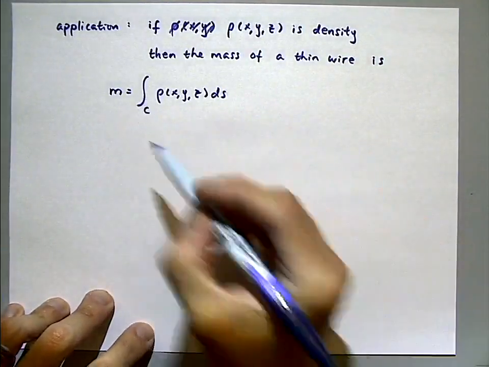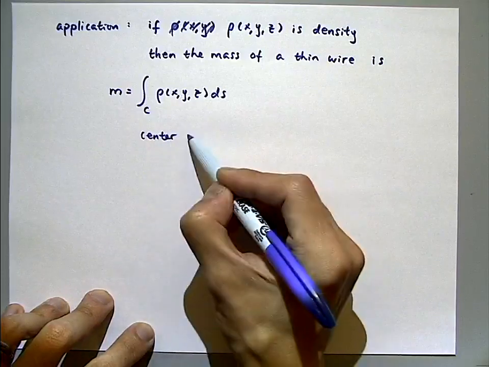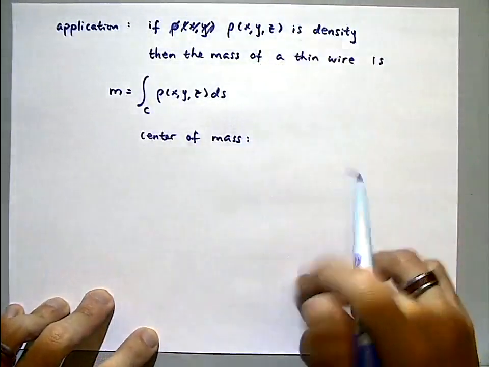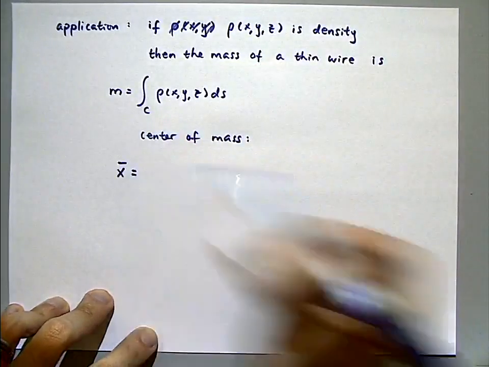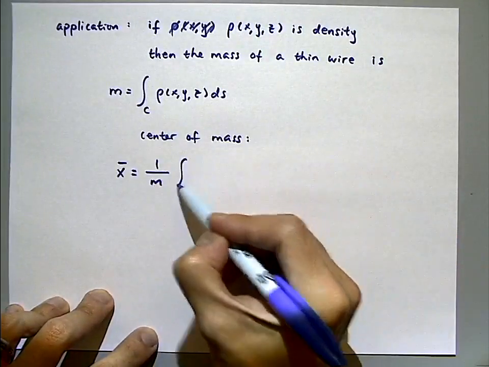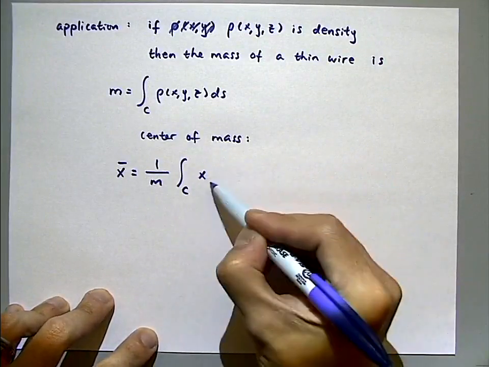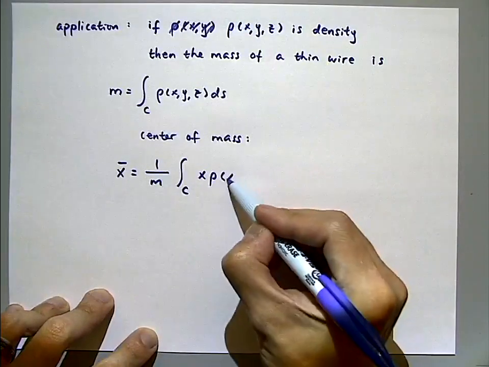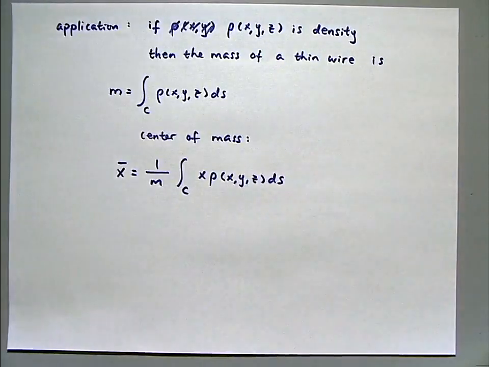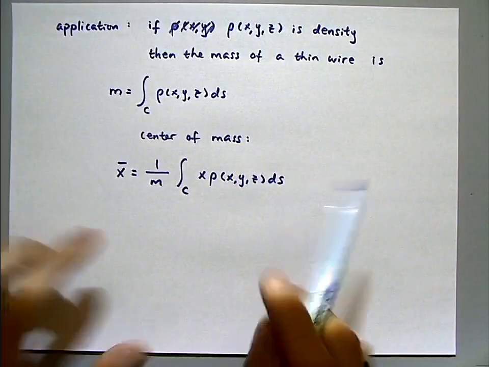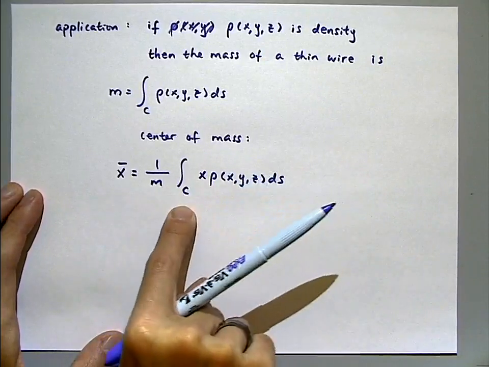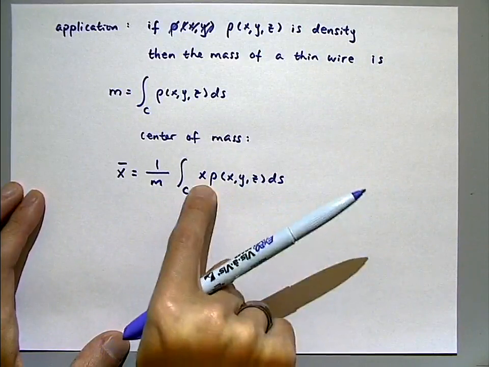You could also find the center of mass. We're dealing with 3 dimensions now, so center of mass can be found by using this formula. And this should look very familiar to you because we did something with the lamina a while back. These things are derived in exactly the same way, right? X bar is 1 over m, line integral x rho ds.